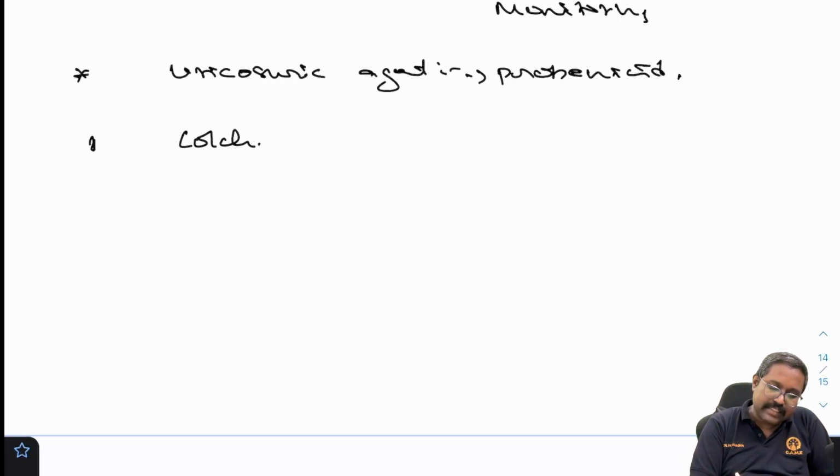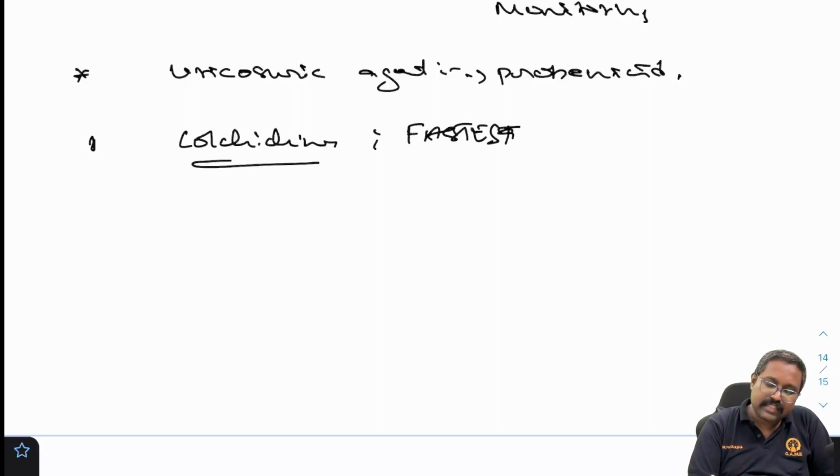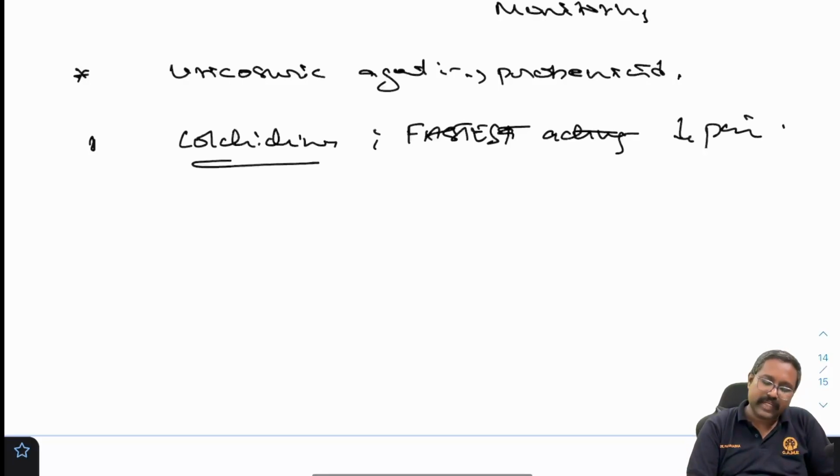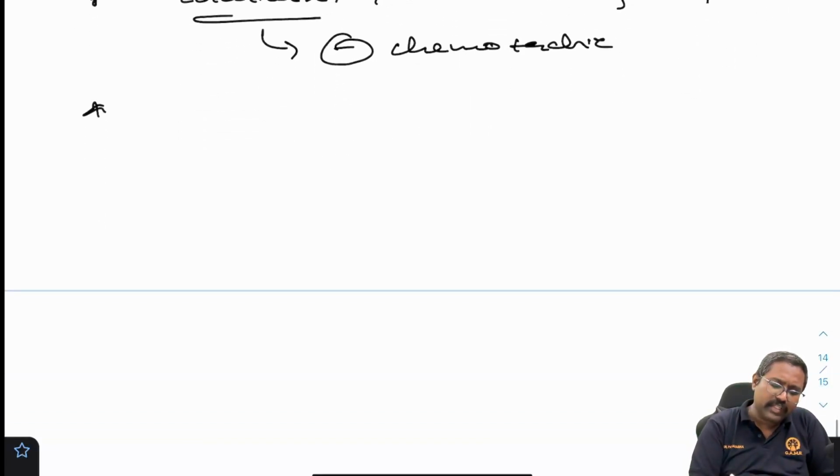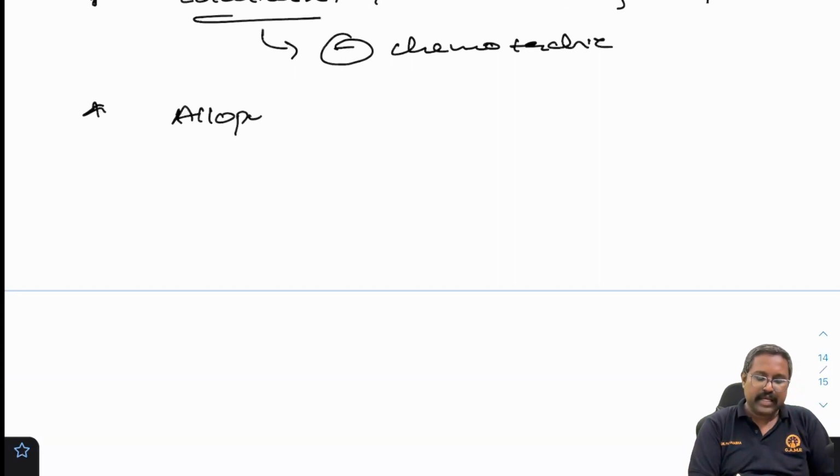So colchicine is the fastest acting drug to decrease the pain. Basically, it inhibits the neutrophil chemotactic activity.